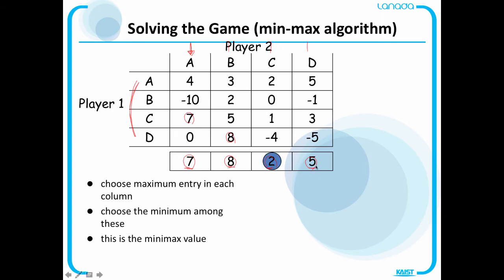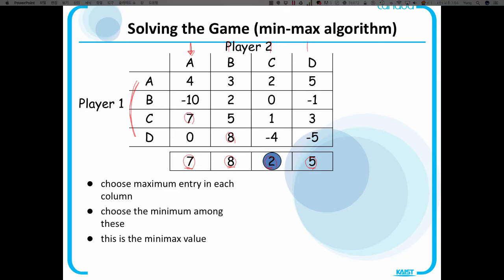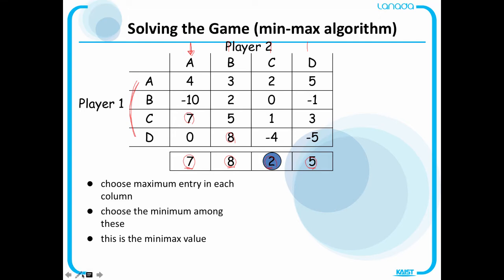And we compute the minimum, which provides losses of at most 2 in this case. This is something called the minimax value, because I first compute the max and then I take the minimum.